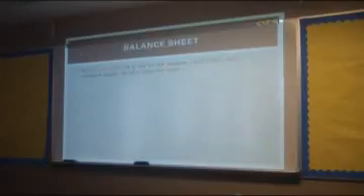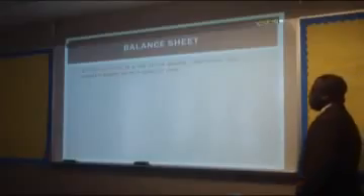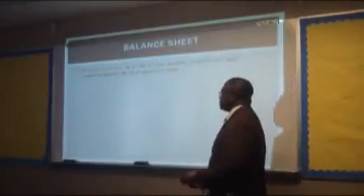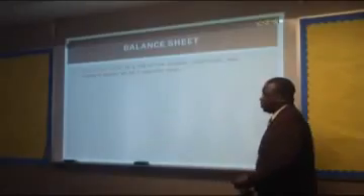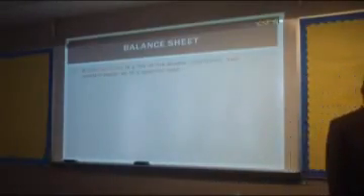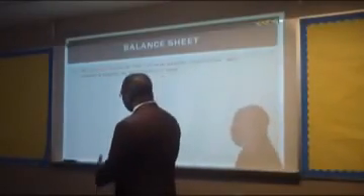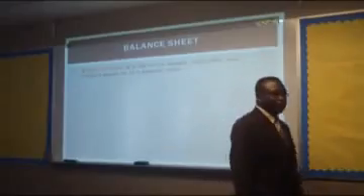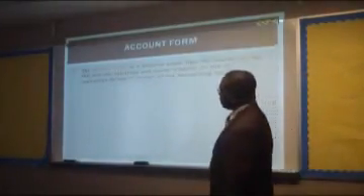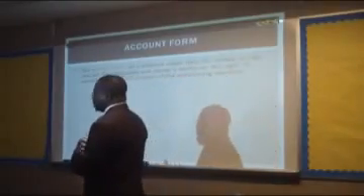So what's the balance sheet? The balance sheet is a list of the assets, liabilities, and owner's equity as of a specific date. It's a statement of what you have and where you got the things you have from, as at a specific date. There are a few different ways of preparing your balance sheet.